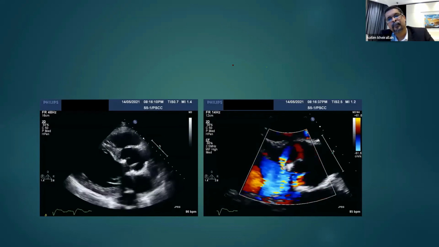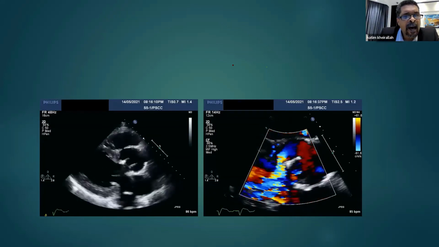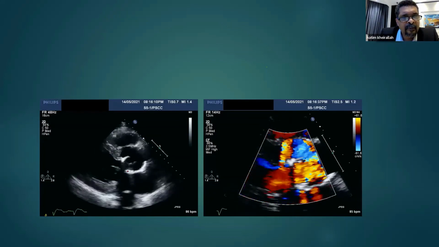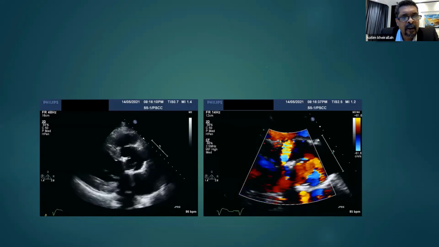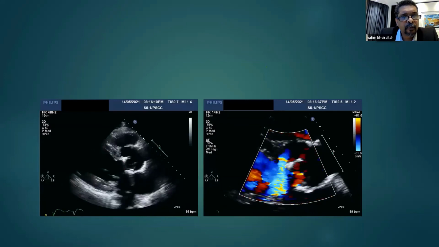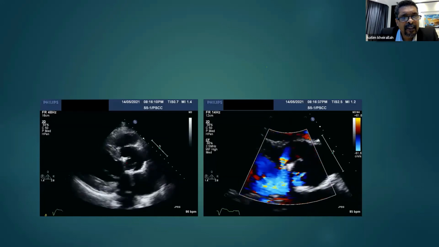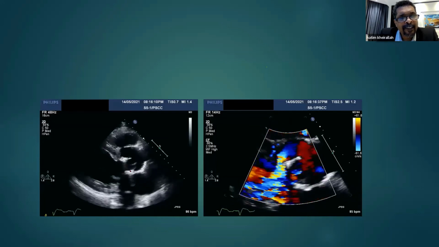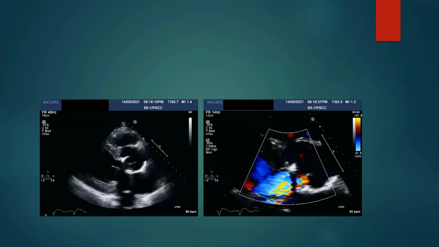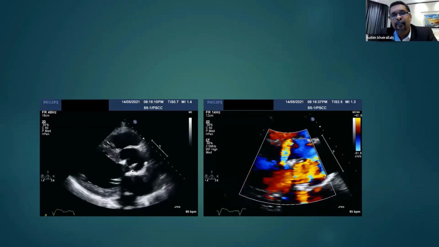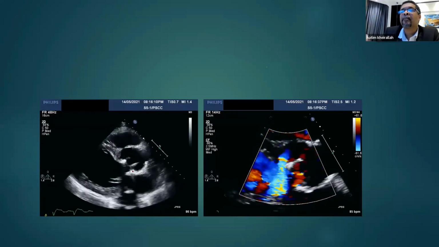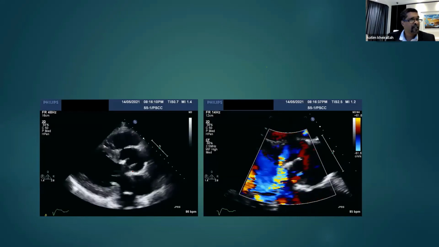Okay. So how about the mobility, the stability of this prosthesis? It doesn't look stable, right? Yes, it is rocking. It's a bit rocking, exactly. And when it's a bit rocking it means that you have a wide dehiscence.